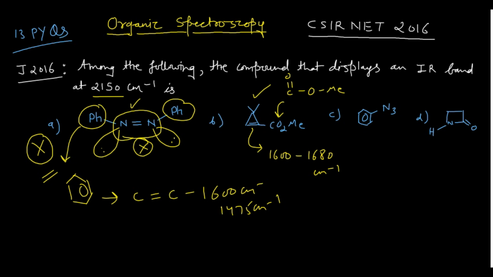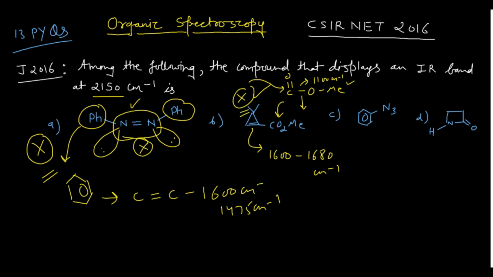The carbon single bond oxygen would resonate somewhere around 1100 centimeter inverse, and it can extend up to 1300. So this cannot be your answer. And if an ester carbonyl group is there, it would have certain different frequencies, not this 2150. So this option you can again discard.